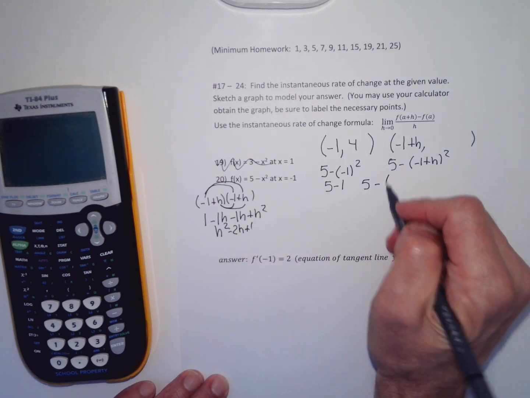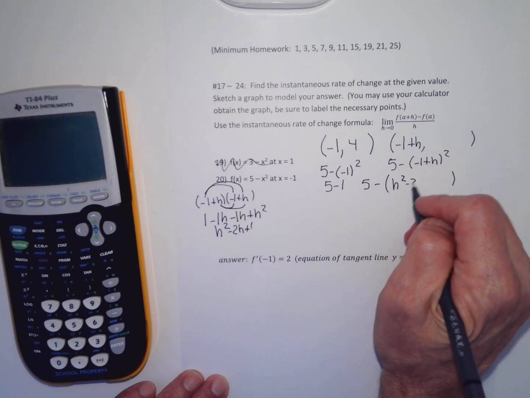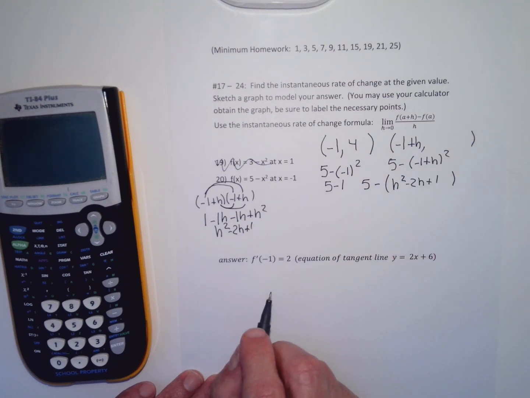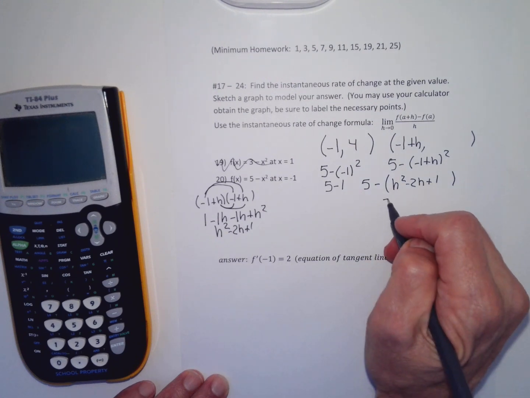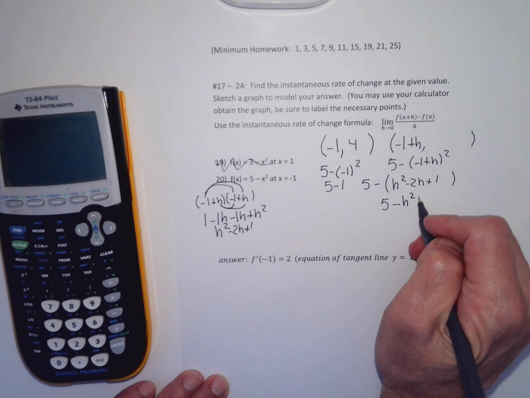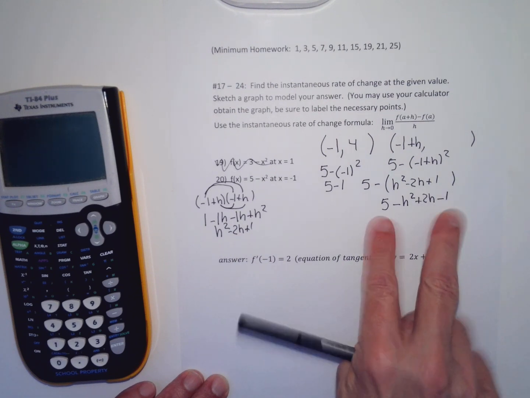So I need to subtract, in parentheses, h squared minus 2h plus 1 to get the y coordinate of my second point. So the y coordinate of my second point is going to be 5 minus h squared plus 2h minus 1. The 5 minus 1 gives me a 4.